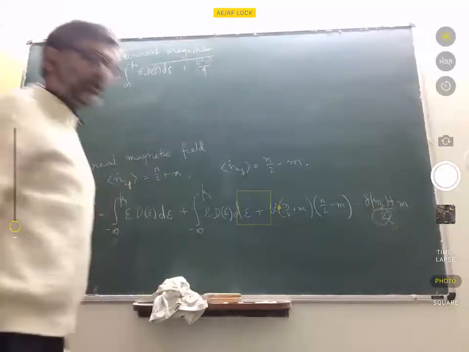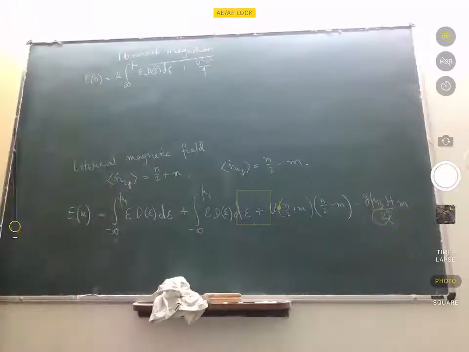The interaction term is still there. The number of up and down spin electrons are the same at each site, which is n by 2 in case of m equal to 0. So that's that term.